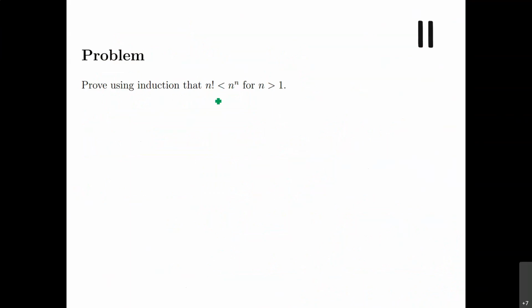So you want to prove that n factorial is strictly less than n power n for any n that's strictly greater than 1. So your base case should start with n equals 2.